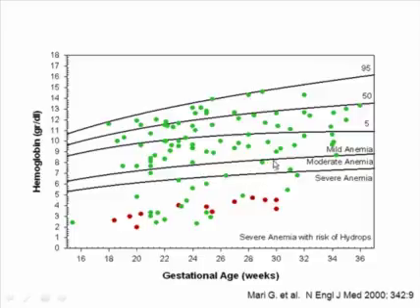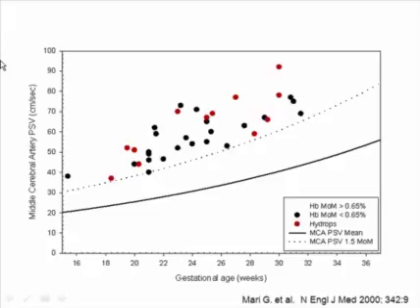And among the fetuses who had moderate and severe anemia, 30–40% of them were hydropic, the red dots, at the time of the procedure. Therefore, we were performing more than 100 procedures in reality to detect approximately 20 fetuses. And we were doing a lot of unnecessary procedures, and many fetuses were dying because of an unnecessary procedure.